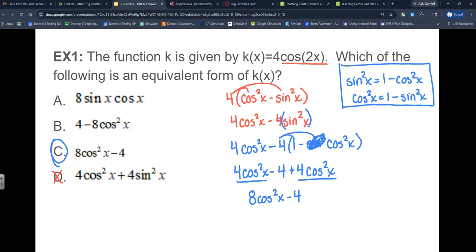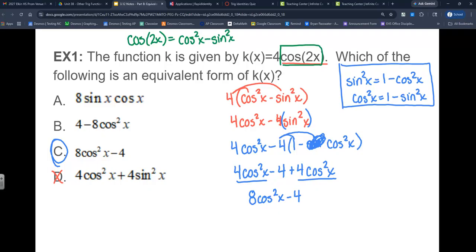How do you actually plug the double angle into the equation? We know that this right here, on the slide before, tells us that cosine of 2x equals cosine squared x minus sine squared x.